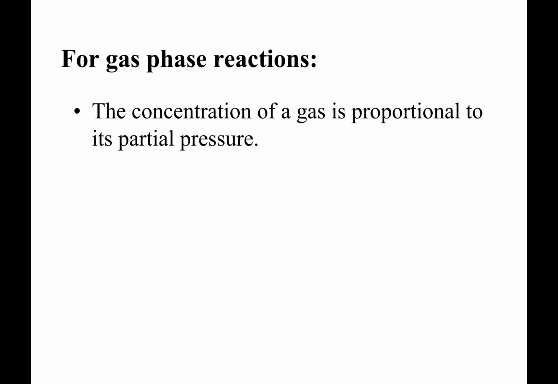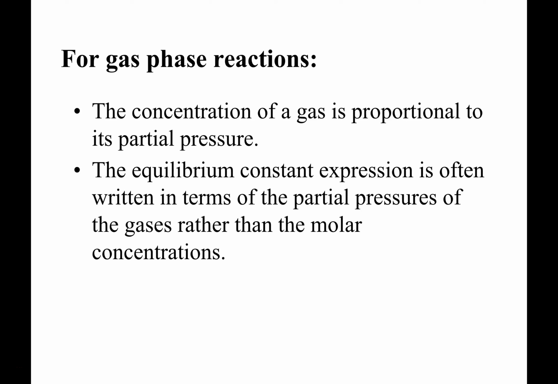If instead of molar concentrations, we're talking about partial pressures of gases, of the products and the reactants at equilibria, that is going to create something we call a Kp. In order for this to work, for gas phase reactions, all reactants and all products need to be in their gaseous state. But it happens.